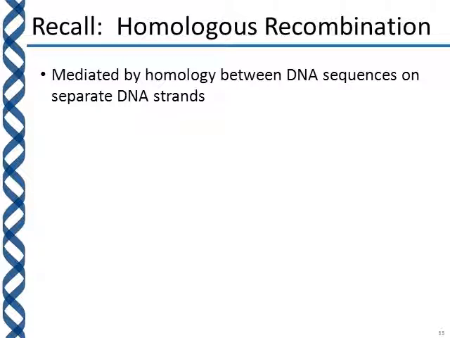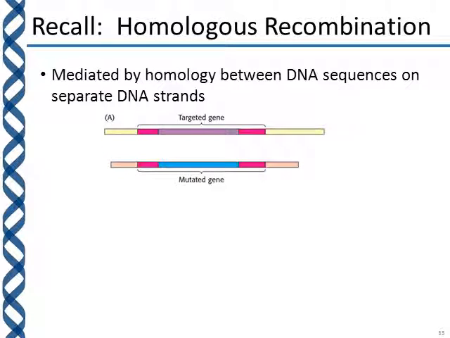So let's recall homologous recombination. This is mediated by homology between DNA sequences on separate DNA strands. If you'll recall, you have a targeted gene and a mutated gene. The targeted gene is shown in purple. Your mutated gene is shown in blue.